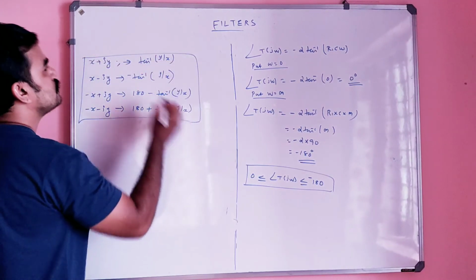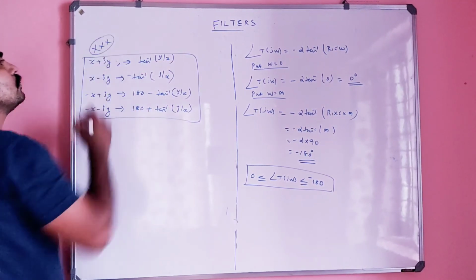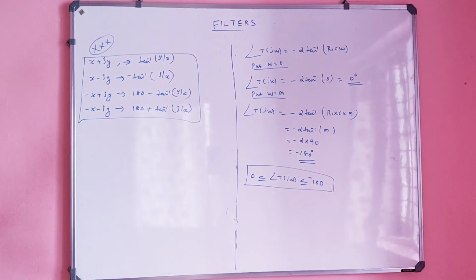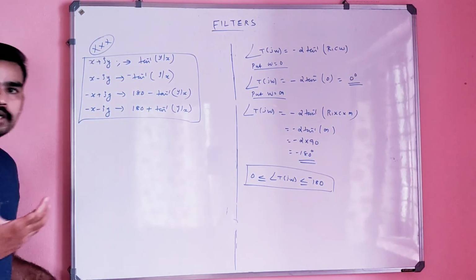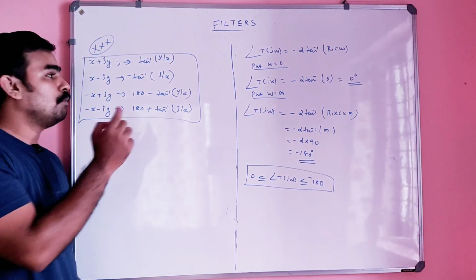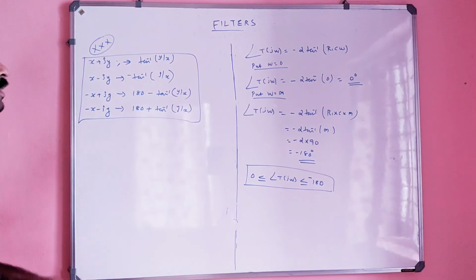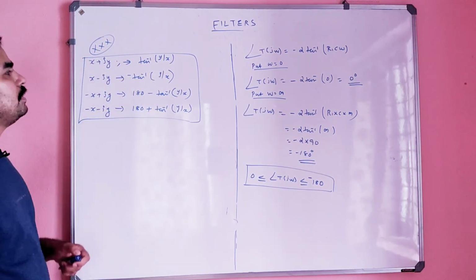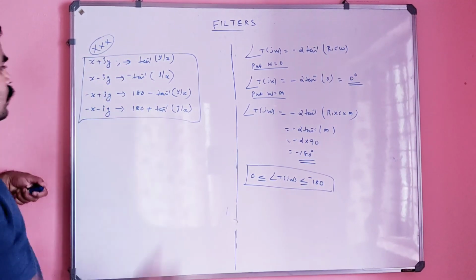You have to remember all this, because while finding the angle of different types of complex numbers or complex equations, you will definitely get the correct value of angles using these. Otherwise there may be confusion and a chance of error. So you have to remember this all the time.